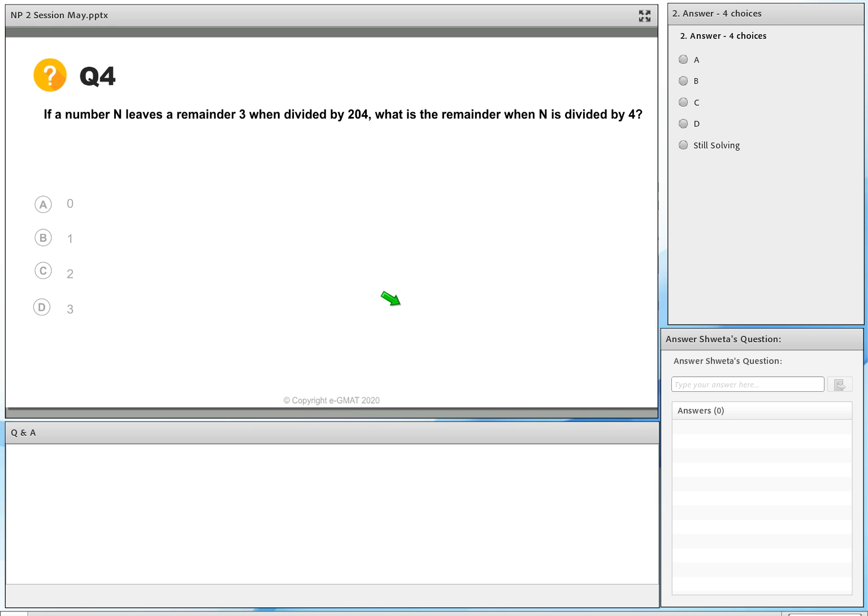Try using the DNR equation that I talked about in that question. Dividend is equal to divisor times quotient plus remainder.